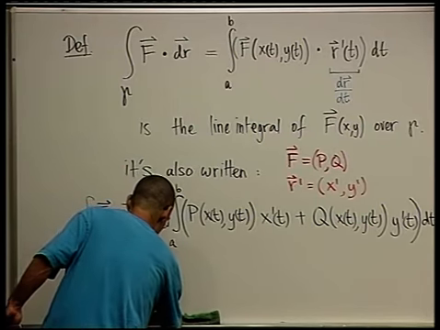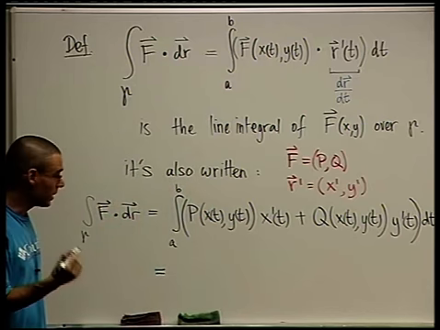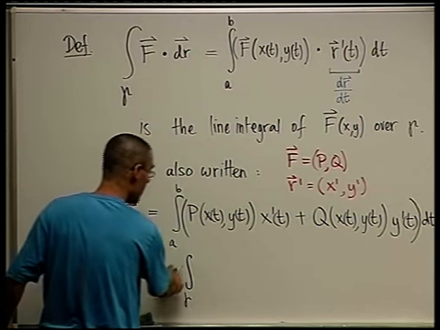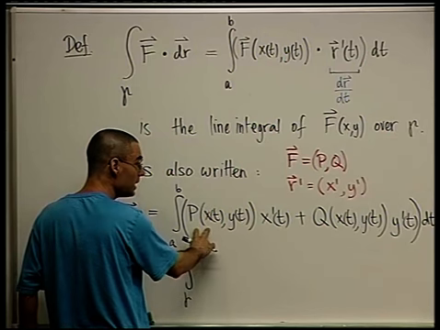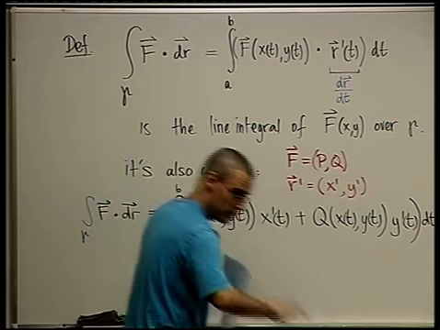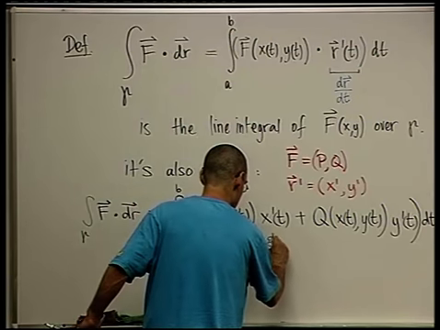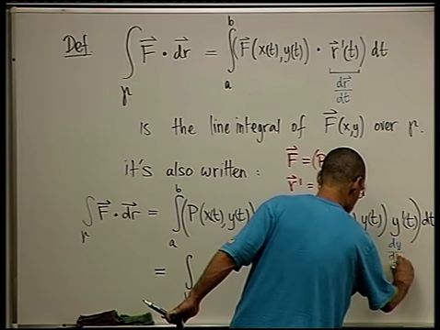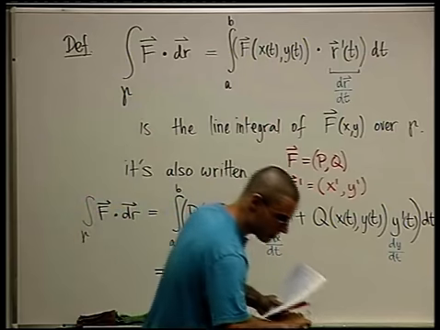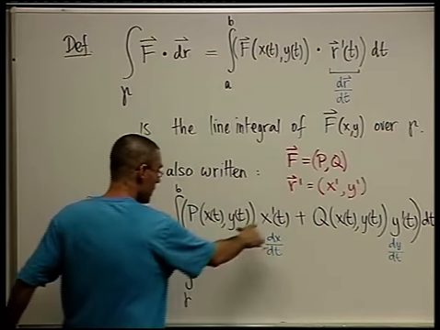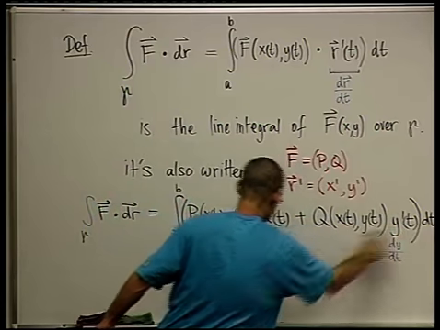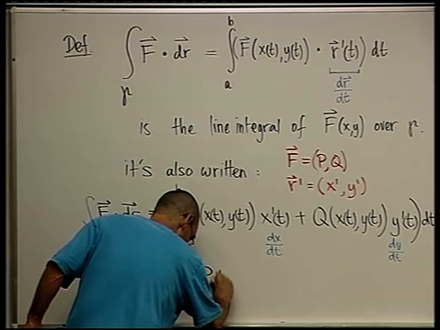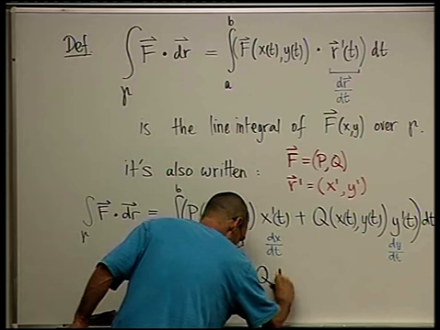And this has another symbolic notation. We write it as the integral over gamma of, look what we have here. We have p times x prime, and remember that x prime can be written as dx over dt, and y prime can be written as dy over dt. And for the same symbolic reasons used previously, x prime dt is dx over dt times dt, so it's often written p dx plus q dy.